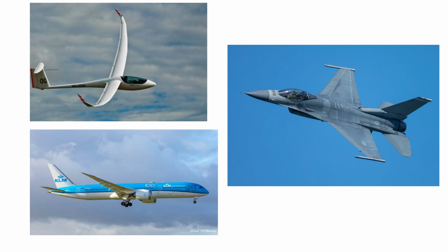For the fighter, you can see where the engine location is, which type of wing, which type of landing gear they used, the difference in their tailplane, the location of the wing. Glider also you can see is a very different type.